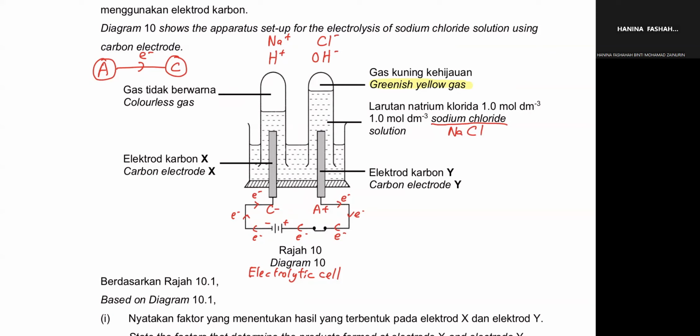Now, how do we choose the anode and cathode ions in an electrolytic cell? For the cathode it is very easy. They only depend on one factor: which one is more positive, which has the higher E naught value.